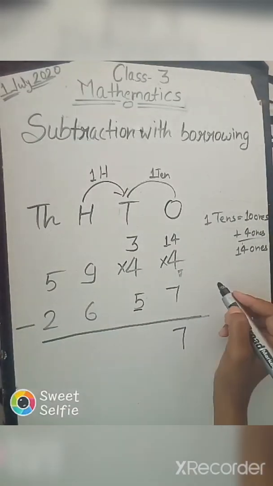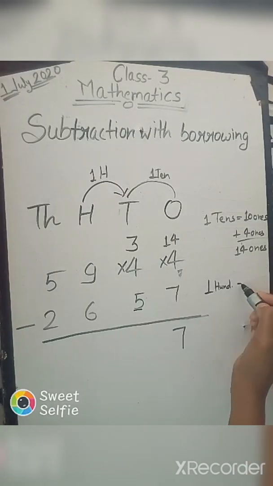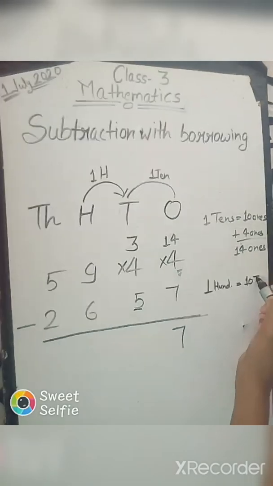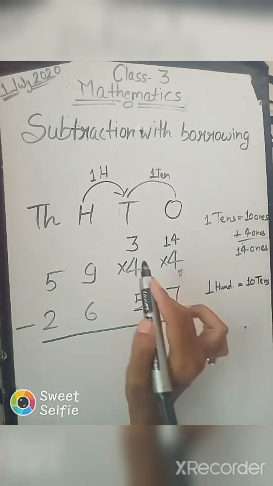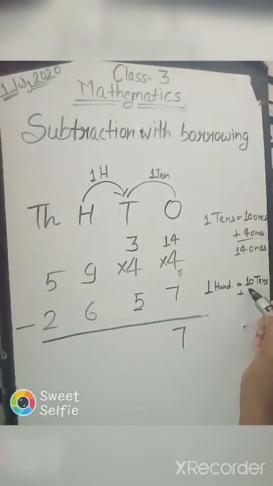And we know 100 is equal to 10 tens. So here we already have 3 tens. So 10 tens plus 3 tens is equal to 13 tens.